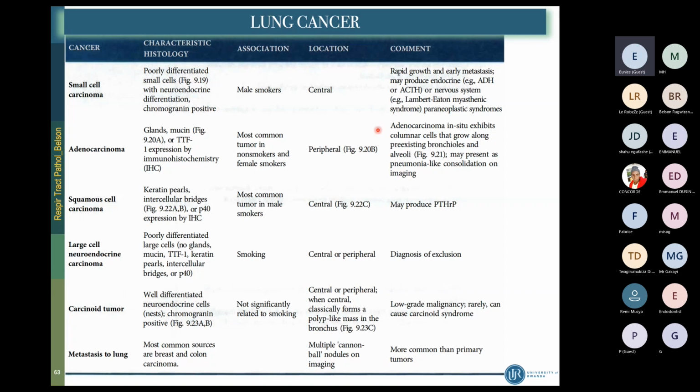So they have a table here that we will not read. Ngo navuga bimwe bya paraneoplastic syndrome. They produce endocrine or nervous system paraneoplastic syndrome, kwa gukora hormone nka ADH, STH and so on. And they are risk factors, either smoker or not.